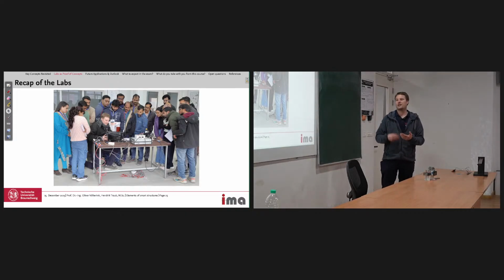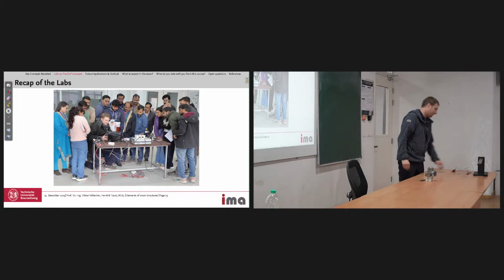This you can calculate into a displacement, and from the displacement you can determine the strain. What we had in the lecture was strain over field, and the field you can also get from the excitation voltage by dividing it by the distance between the electrodes. Okay, so this was our second experiment.